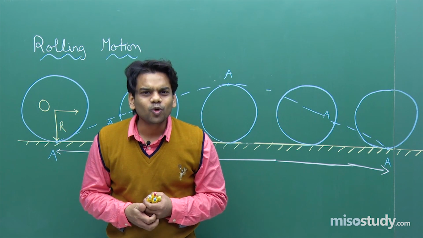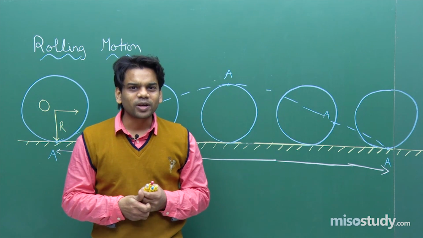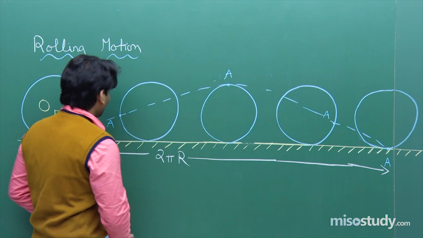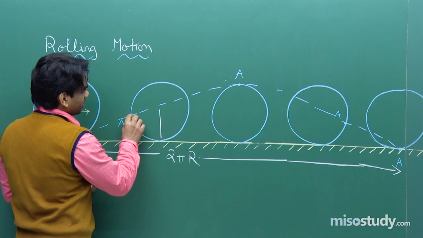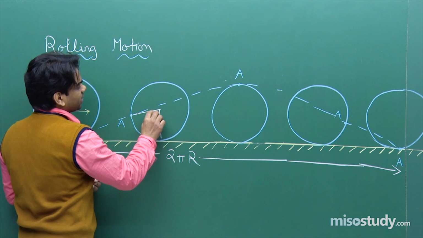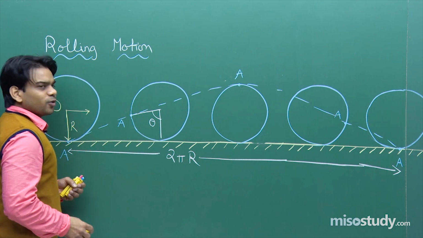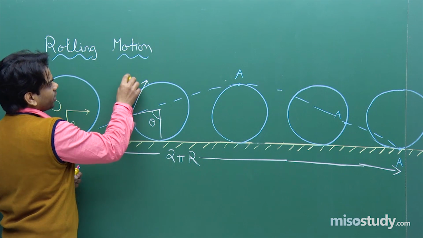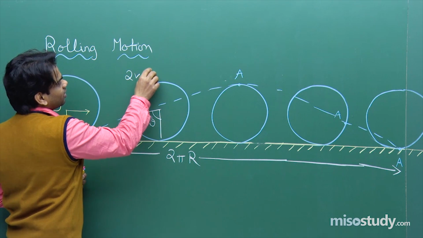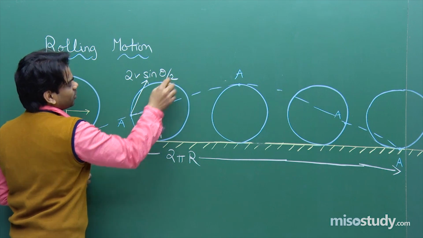That came out to be 2v sin(theta/2). I hope you have seen the class and will be easily recalling that. If I connect these 2 points, and say this angle is theta, then the velocity of this point will be nothing but 2v sin(theta/2).